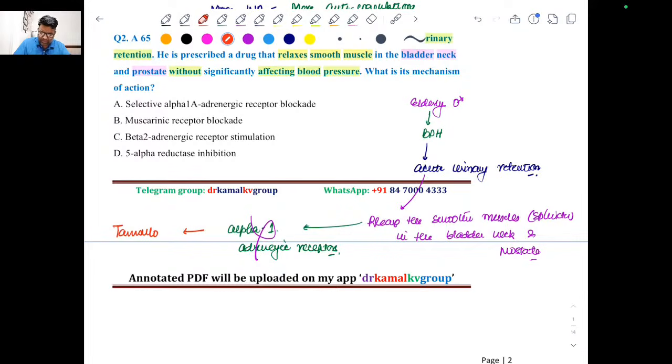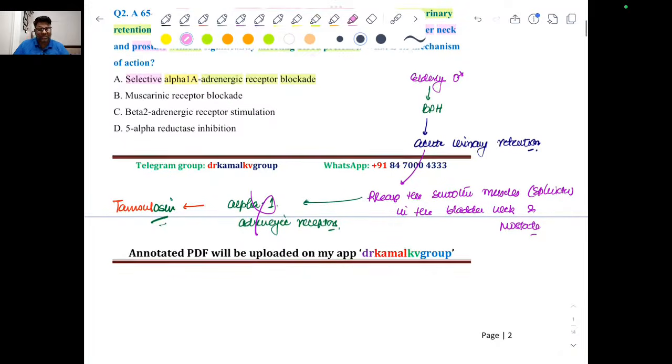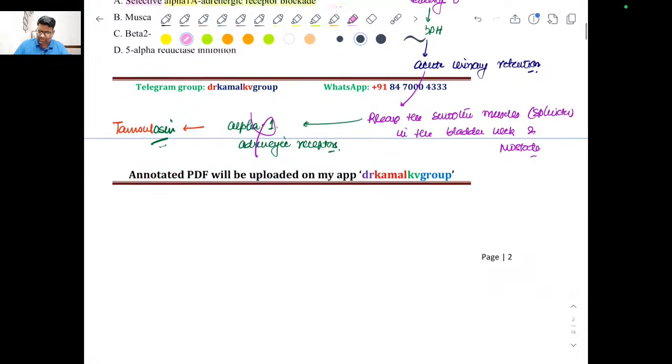So yes, selective alpha 1A adrenergic receptor blockade. That is a very basic question. Yes, Kakul, selective alpha 1 blocker, and this is tamsulosin. It has been asked many number of times.